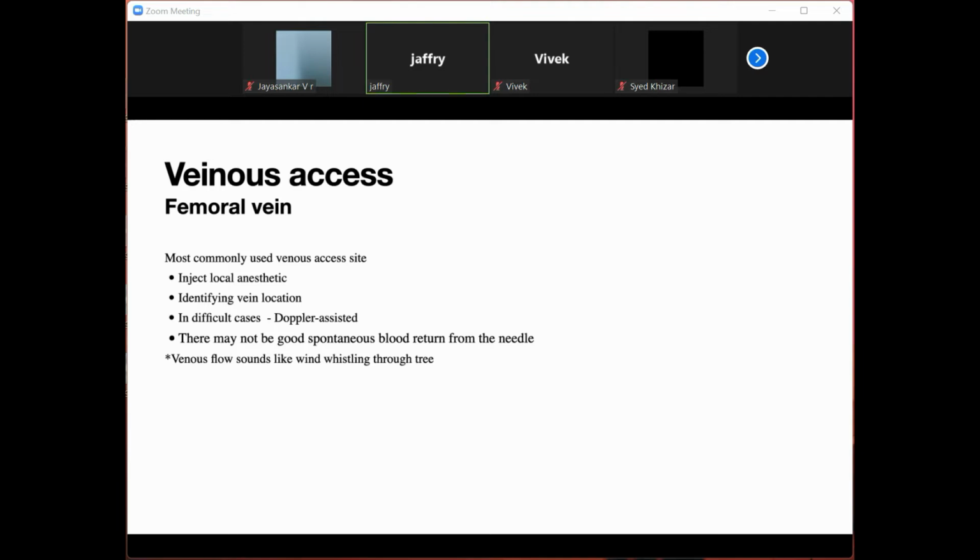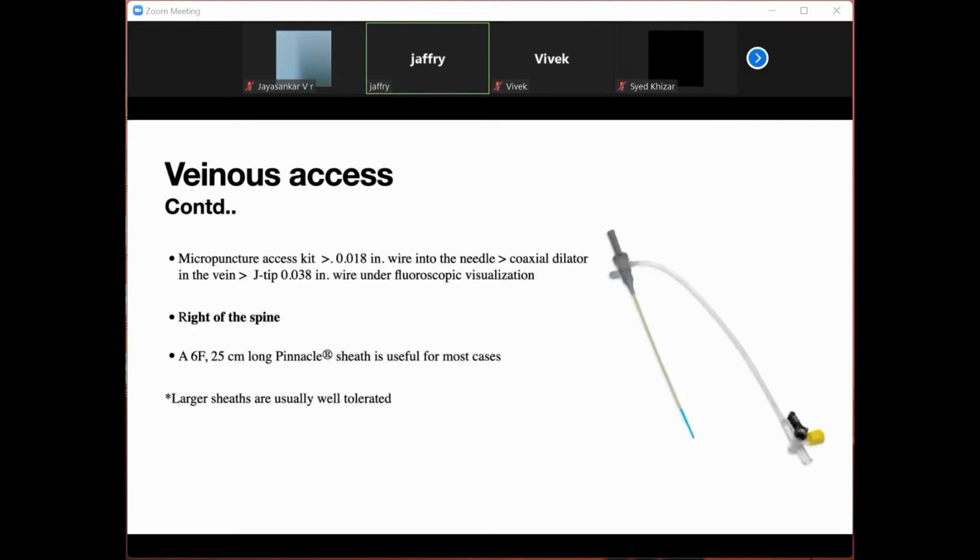The sound of a vein in Doppler will be like wind whistling through a tree. Usually we cannot see a spontaneous gush of blood like arterial. It will be subtle drops of dark blood. It is venous blood.